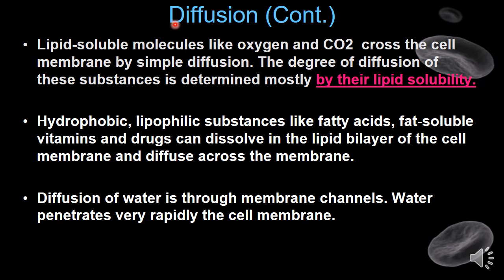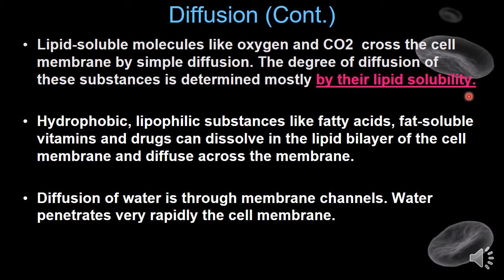This is a slide about diffusion of material directly through the cell membrane. As I said in the previous slide, all lipid-soluble materials can pass directly through the cell membrane, like gases, oxygen, and carbon dioxide. The degree of diffusion depends on the lipid solubility.